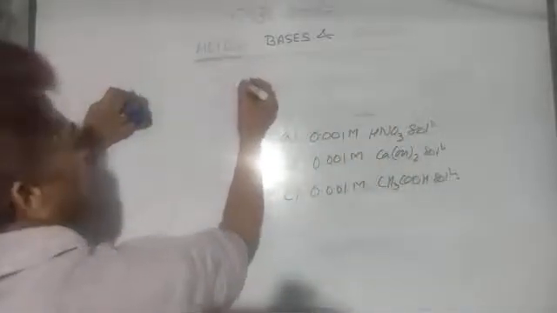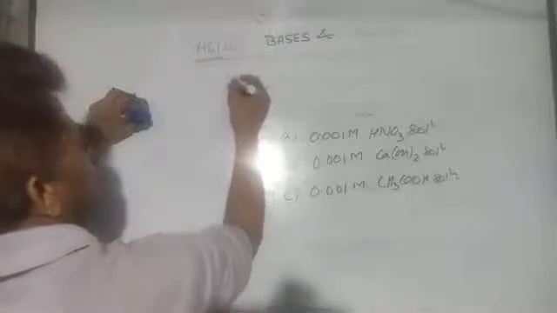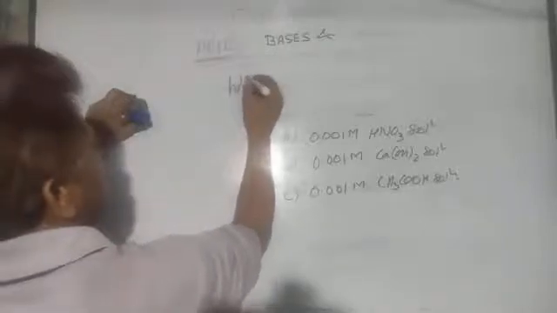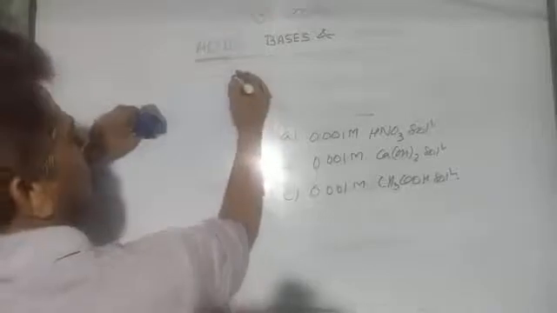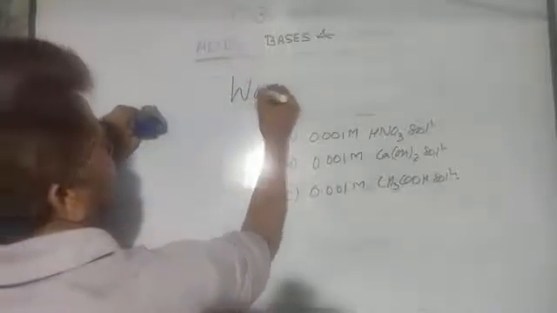So the next topic is some commercial compounds. Under commercial compounds few are important, that is the washing soda. All of you know the washing soda formula, Na2CO3 with 10 water molecules associated.